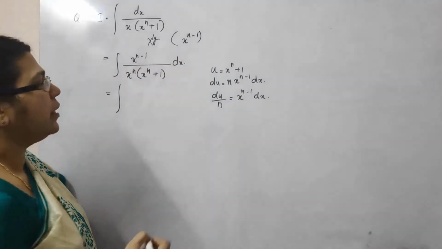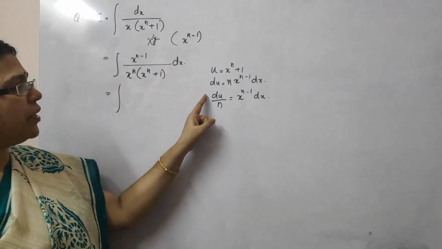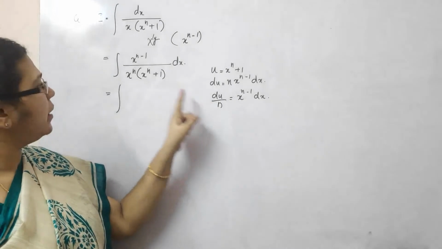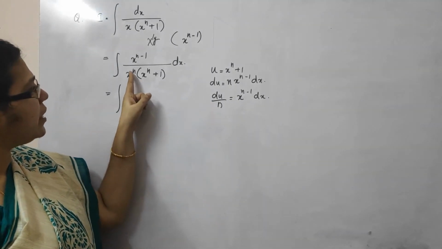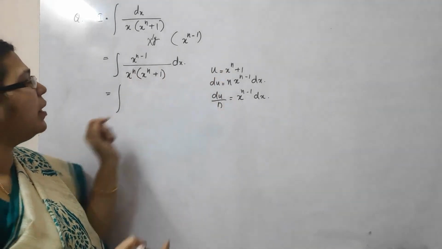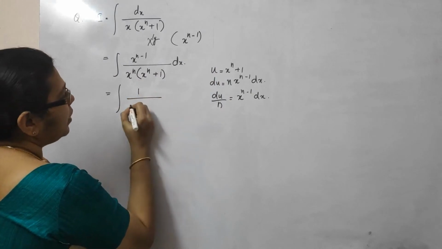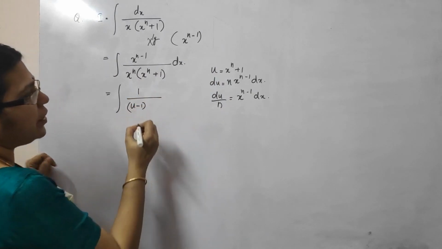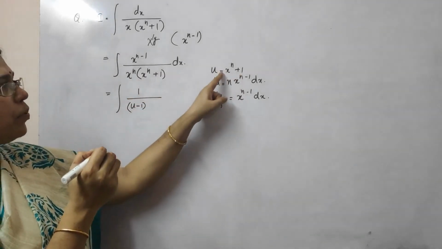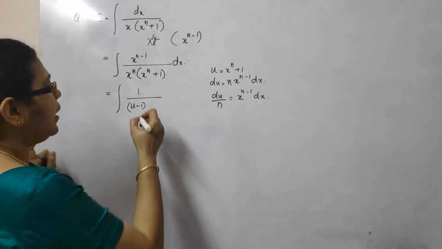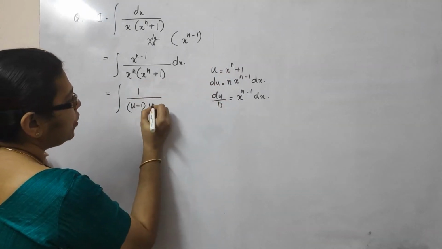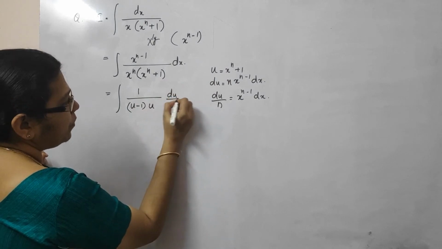That is the numerator, and the numerator will be replaced with du by n. Here what will you get? x raised to the power of n, from here it is 1 by u minus 1. Isn't it? This u minus 1 is x raised to the power of n. Then this expression is what? u into du by n.